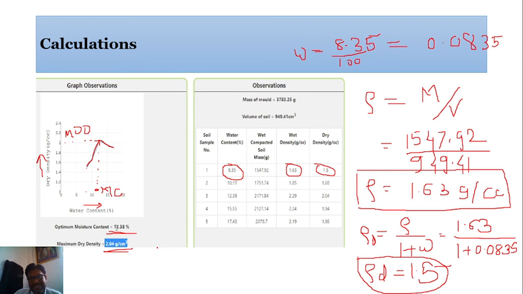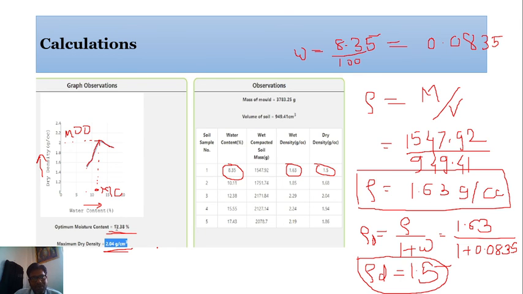The difference between the standard Proctor test and the modified Proctor test is that the mold size is different. The rammer for the standard Proctor test is 2.5 kg. For the modified Proctor test, the rammer weight is 4.89 kg.